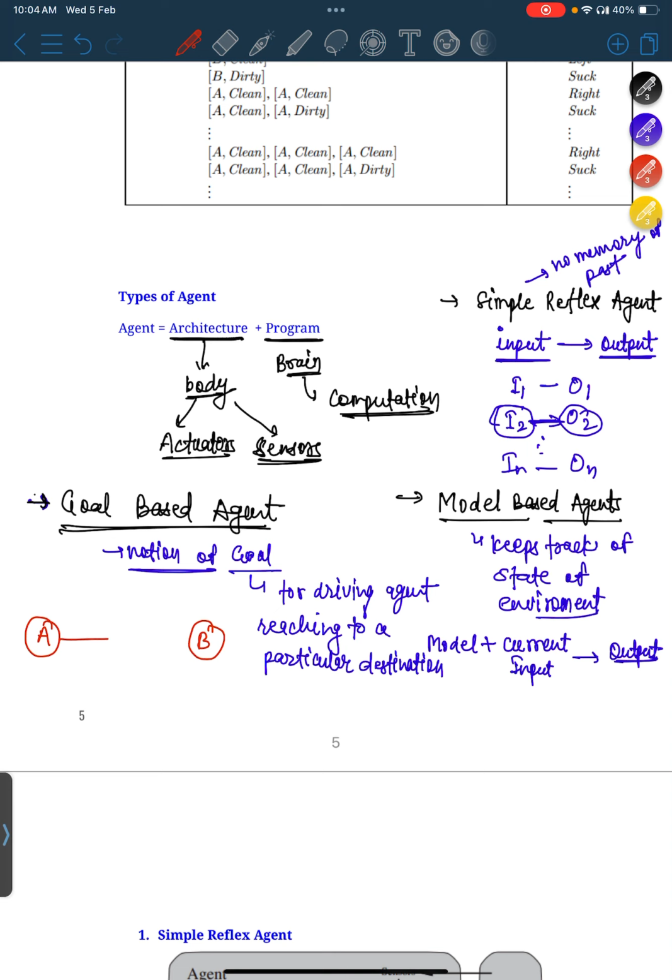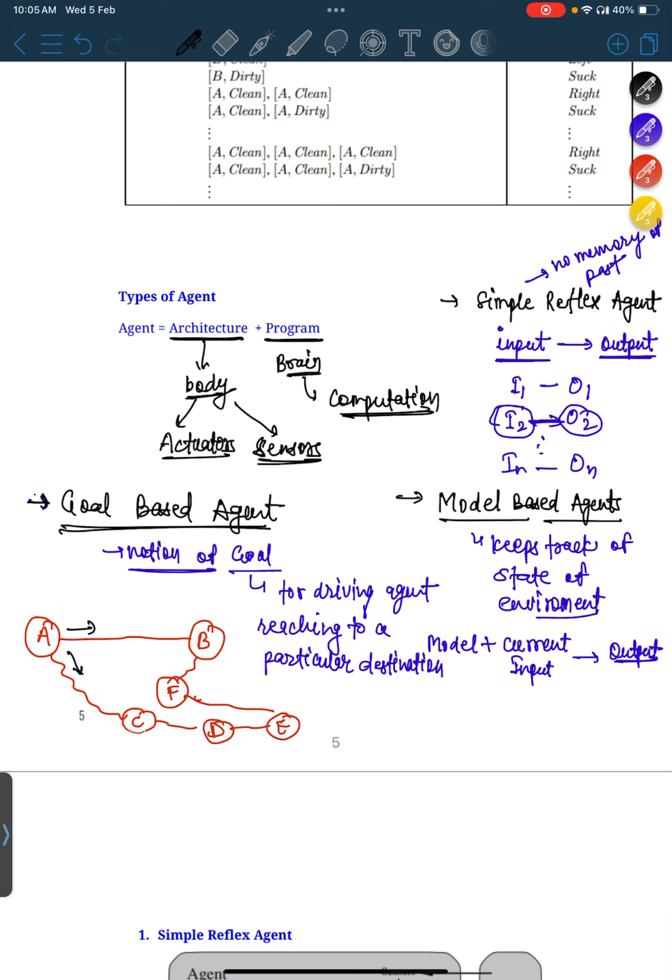There is this one straight path which goes from A to B, and there is another path which goes from A to C, C to D, D to E, and E to F, and then F goes to B. So there are two paths from A to B. One path is this, and another path is this. दोनों में technically our agent will satisfy the goal.